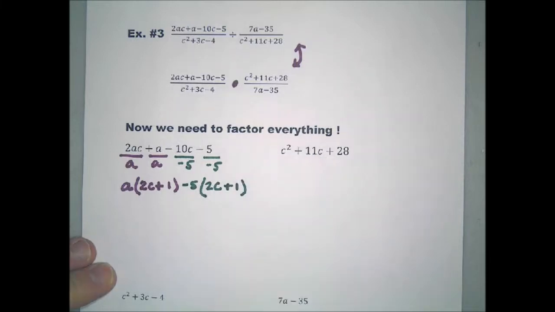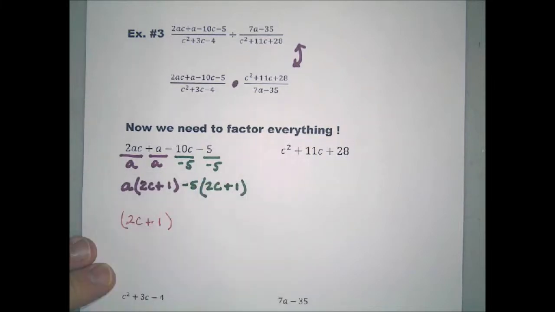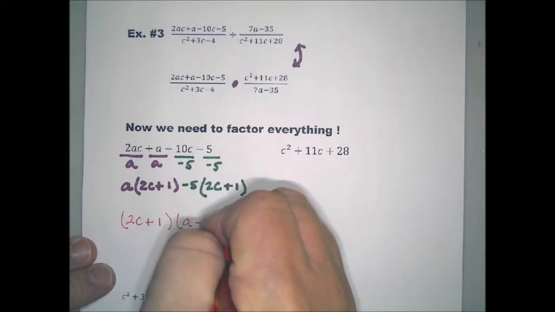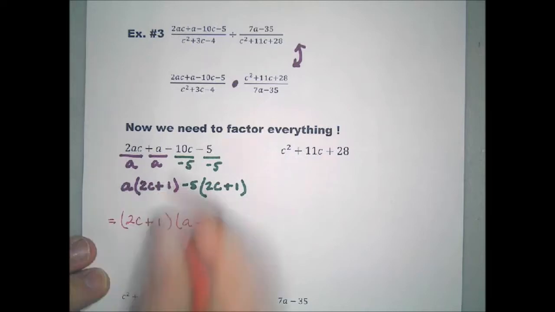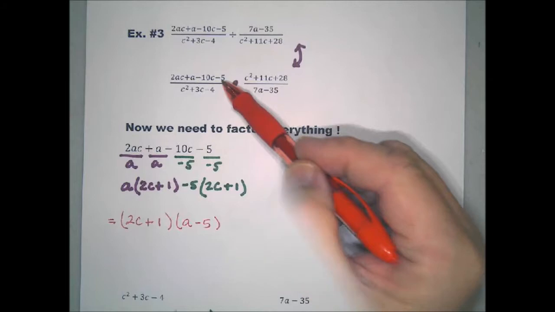So again, it's doing exactly what it's supposed to be doing when it's factored by grouping. We have a 2c plus 1 as the common factor. And we have a minus 5 as the other factor. Now, that took care of the numerator of the first term.